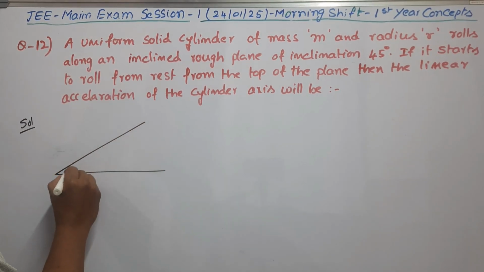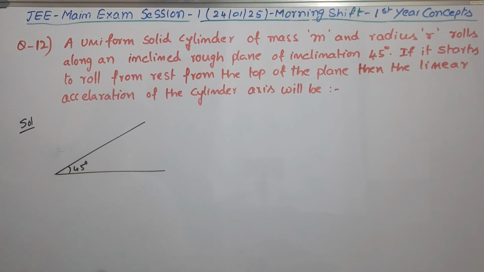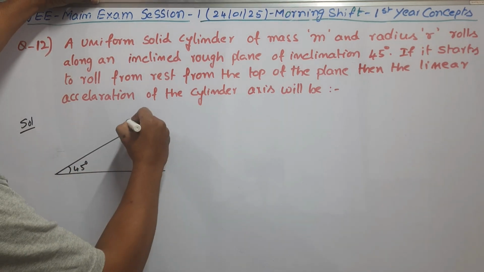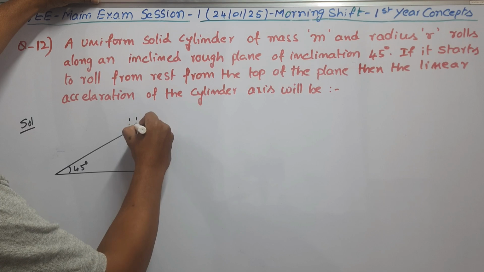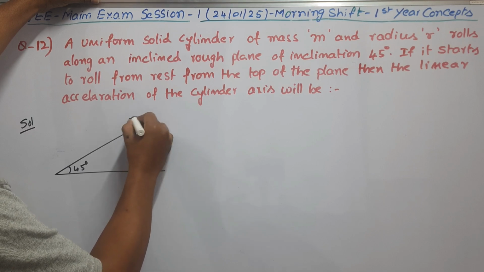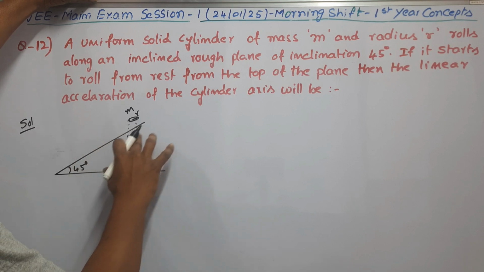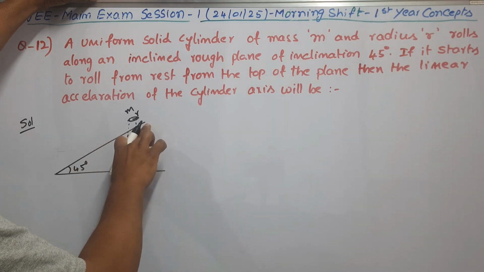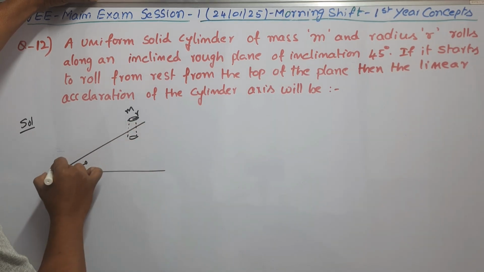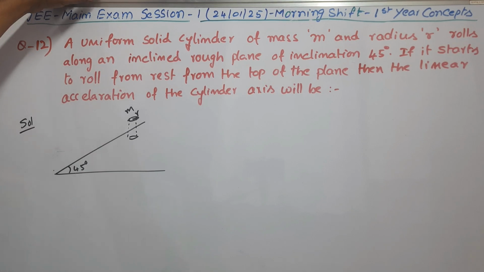This is a rough inclined plane, making an angle of 45 degrees. On it is a solid cylinder of mass m and radius R, which rolls starting from the top of this inclination. When it comes to the bottom, what is its acceleration?